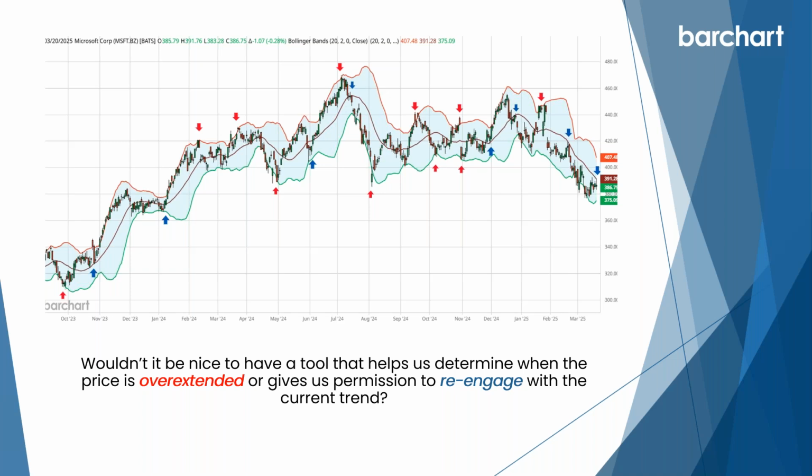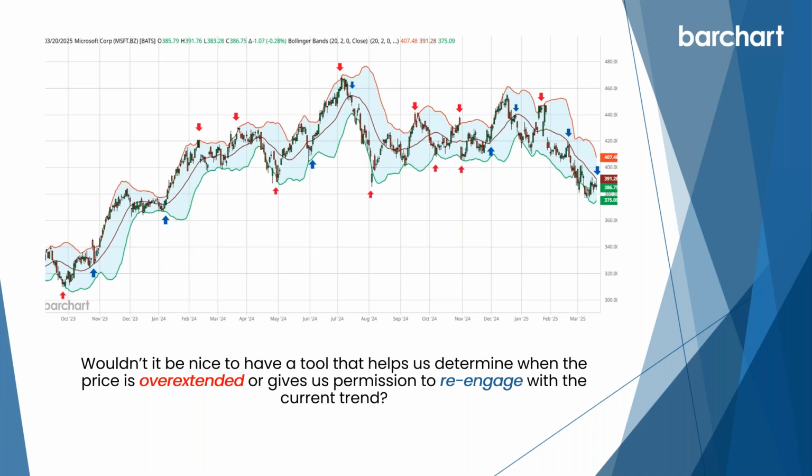Well, in the 1980s, John Bollinger developed a technical analysis tool that measures volatility using a simple moving average and two trading bands around that moving average of two standard deviations. Bollinger Bands. Now, traders today rely on the outer bands as price targets for entries and exits.